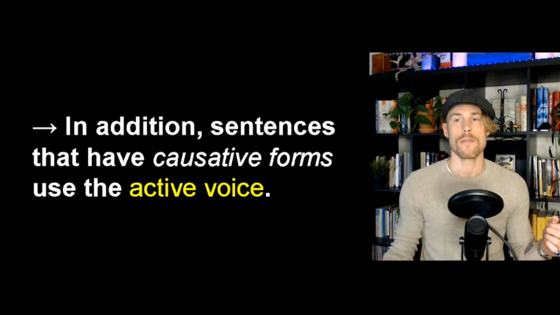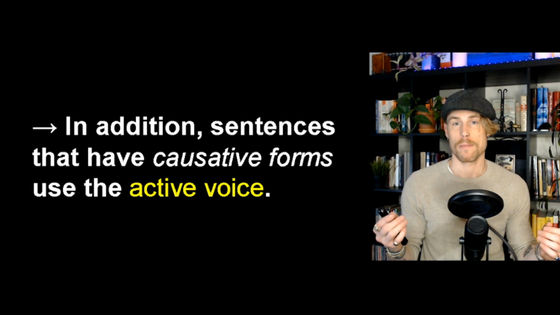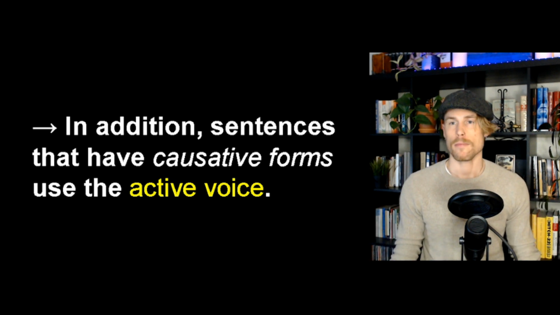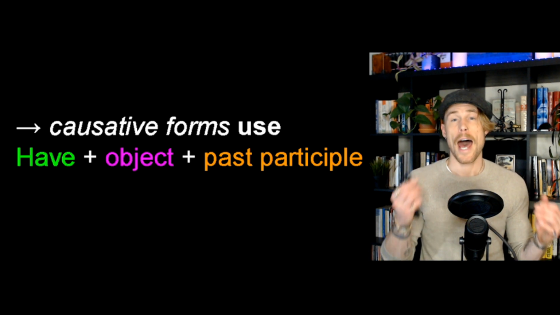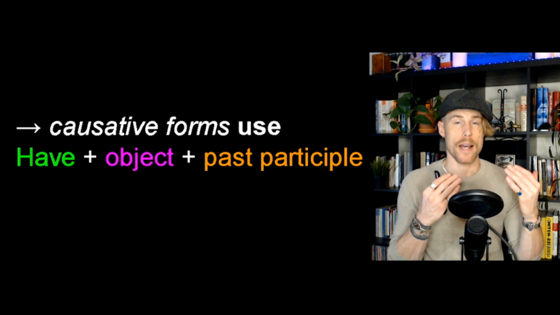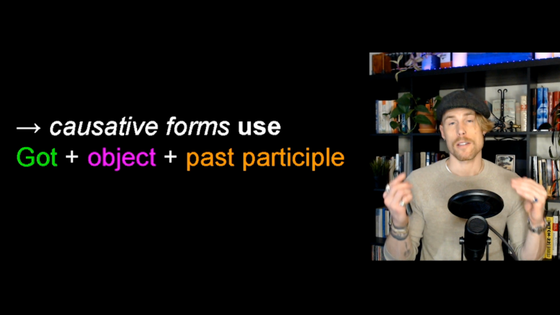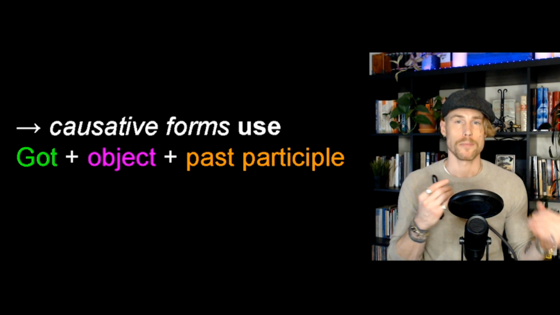In addition, sentences that have causative forms use the active voice. What are causative forms? Causative forms use have plus object plus past participle, or got plus object plus past participle.